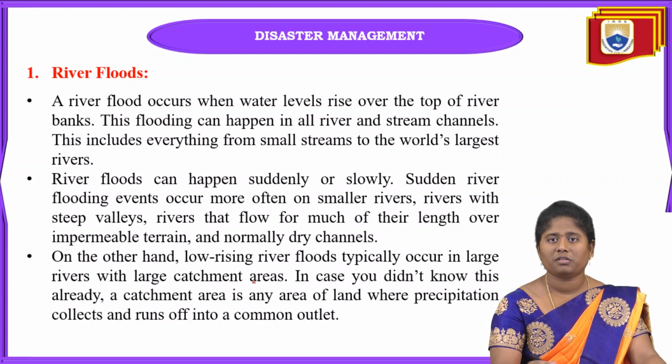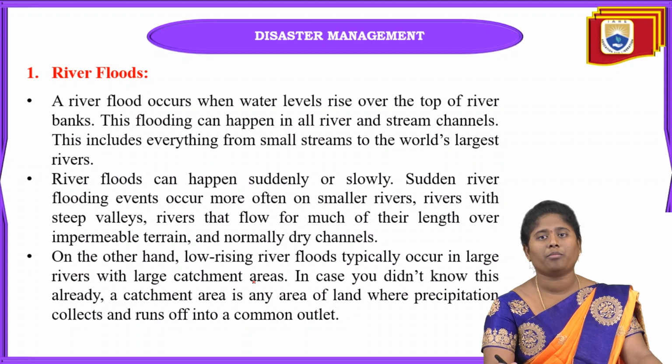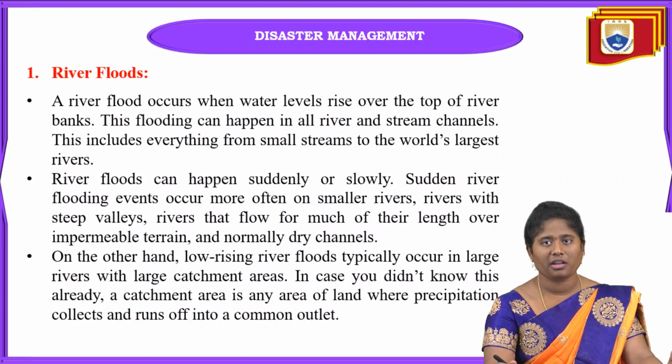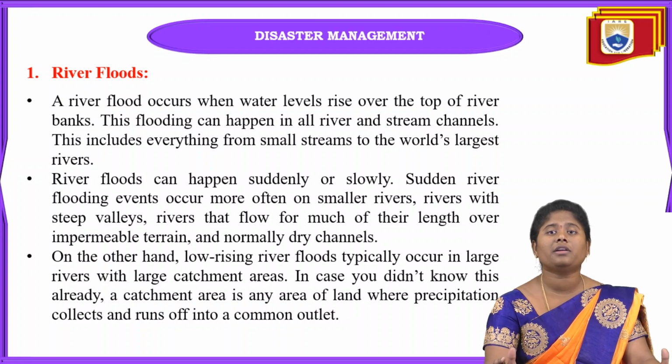And also these slow rising river floods can occur in larger areas, where the catchment area is very large. If the catchment area is very large, automatically so much water can be stored in that catchment area.